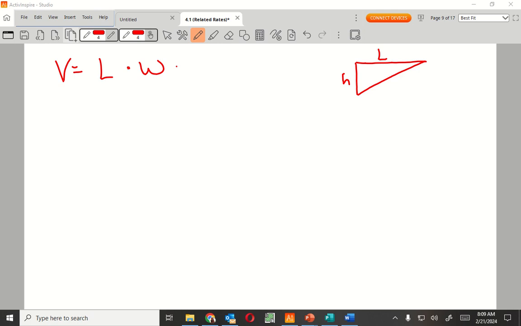So as it is increasing there, I know that the area of this is actually 1/2 length times height. Yes, no, maybe? Okay, that's just the area of this.